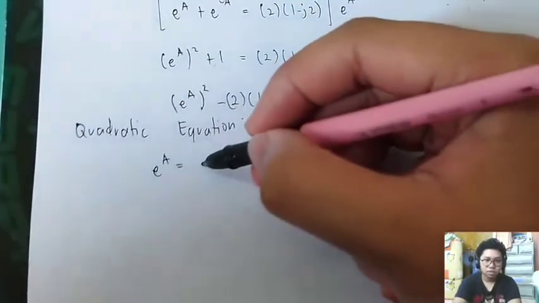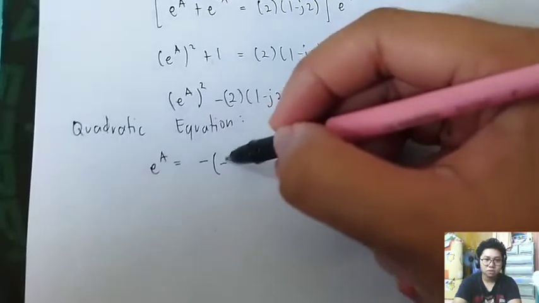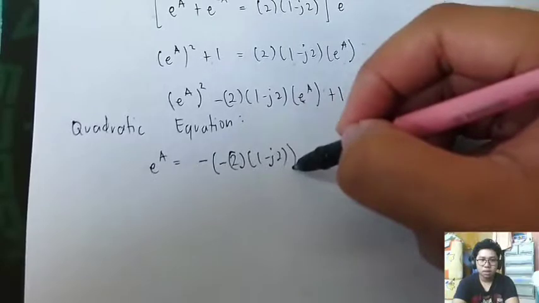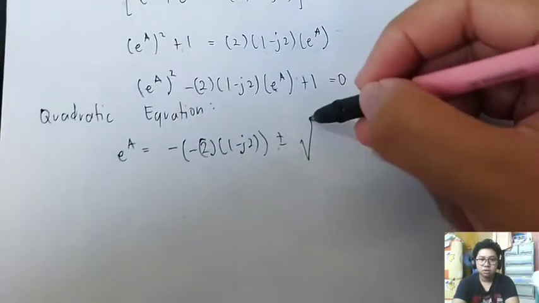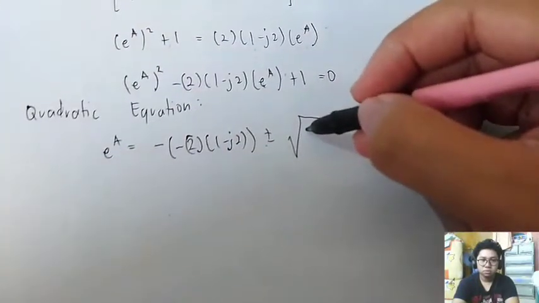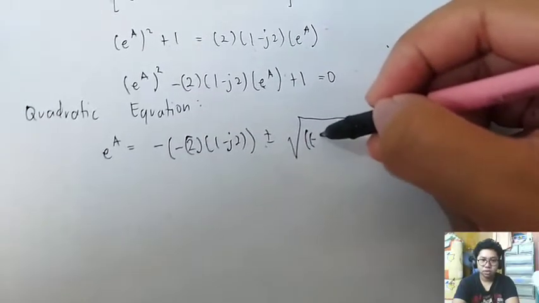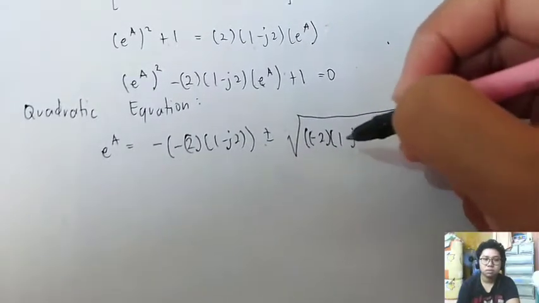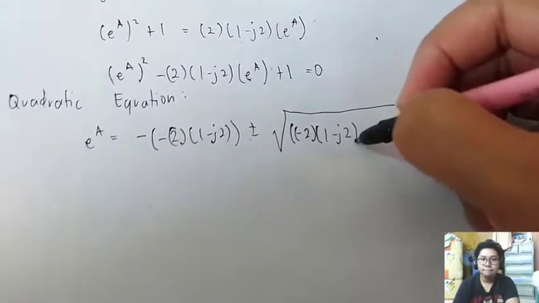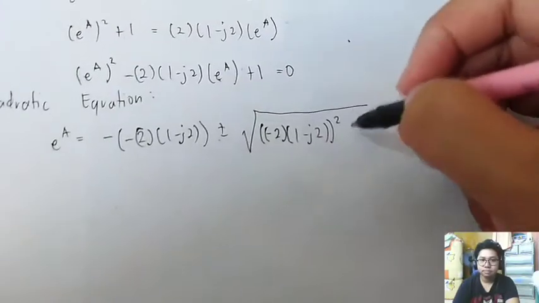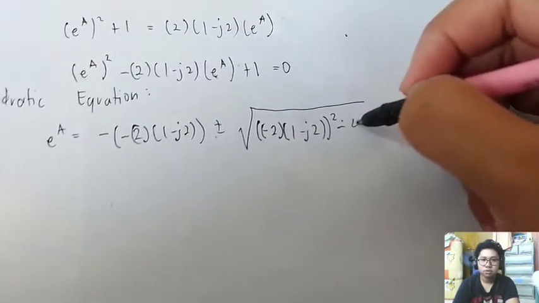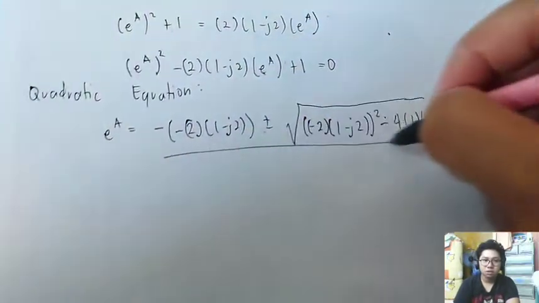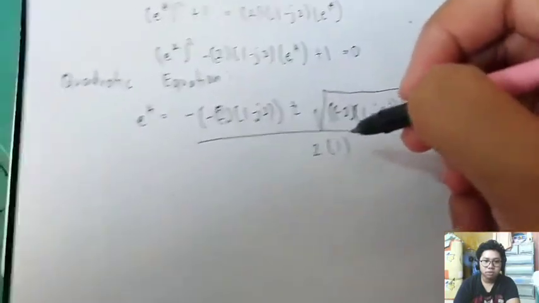And e raised to A is now equal to the negative of B plus minus the square root of B squared minus 4 A C, where A is 1 and C is also 1, all over 2 times A, which is 1.